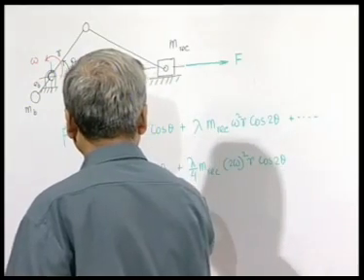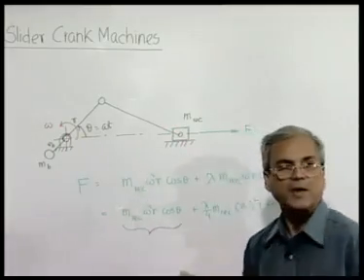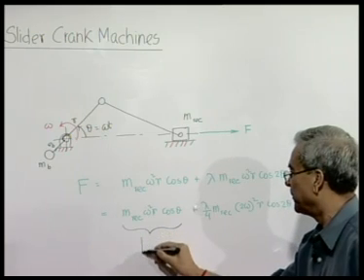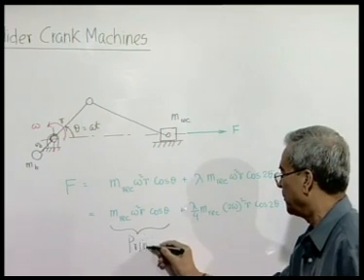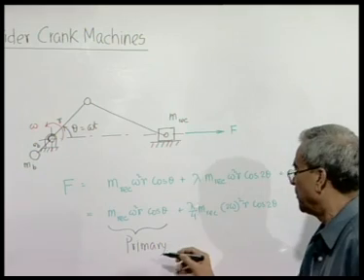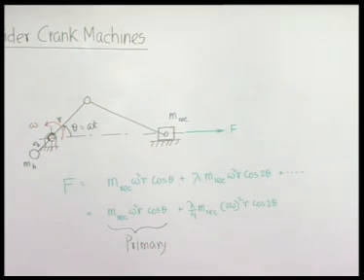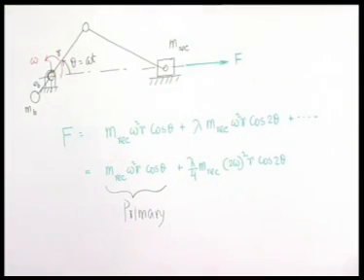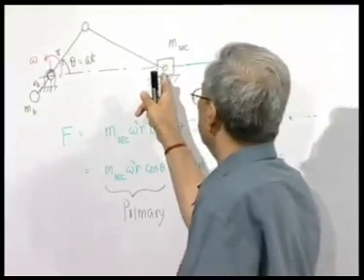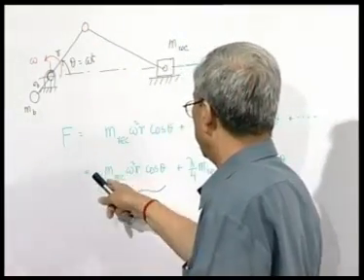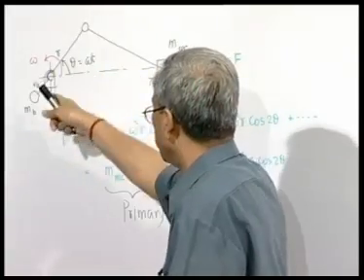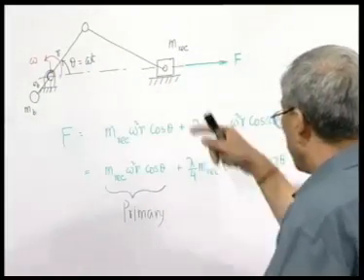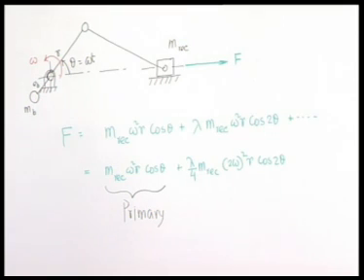Now, we have seen that the primary component of the unbalanced force is something which can be produced by the centrifugal force generated by placing the reciprocating mass at the crank pin, and the component of that centrifugal force along the engine or the system center line is nothing but the primary.